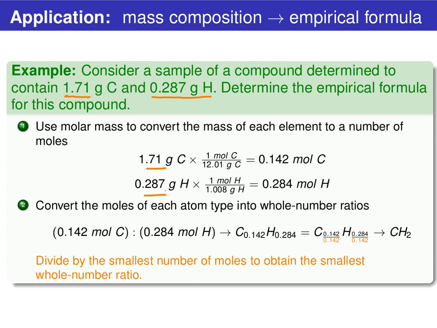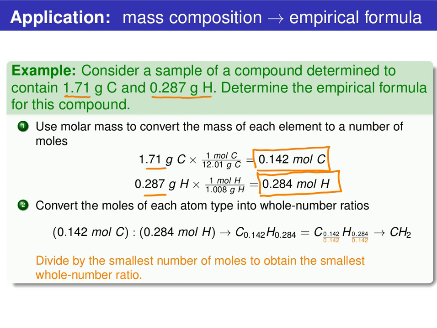So the mass of carbon, 1.71 grams, we're going to divide it by the molar mass to get the number of moles of carbon in that sample that we recovered experimentally. Do the same thing for hydrogen to determine the number of moles of hydrogen that are present in that compound. And now, all that's left to do is write out that ratio.